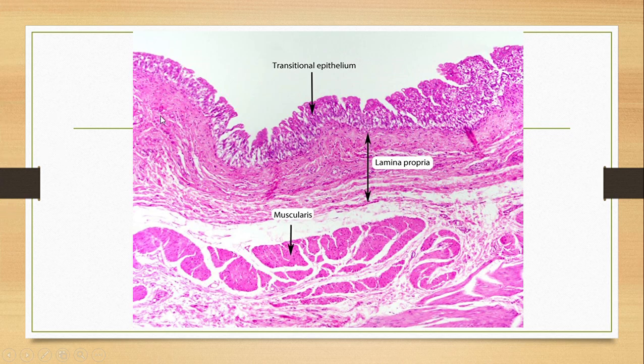Here in this diagram, it shows the transitional epithelium innermost, forming the mucosa with the lamina propria. Then comes the muscular layer with inner and outer longitudinal fibers with intermediate circular fibers, and outermost there is the adventitia. It is not shown in this diagram, but it is there.